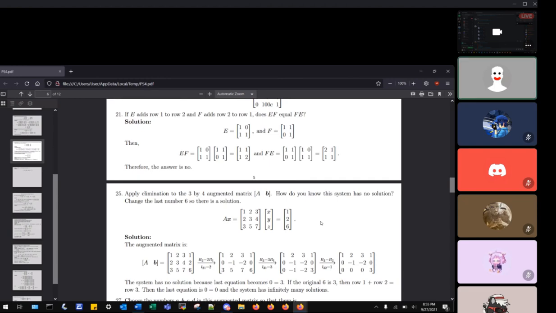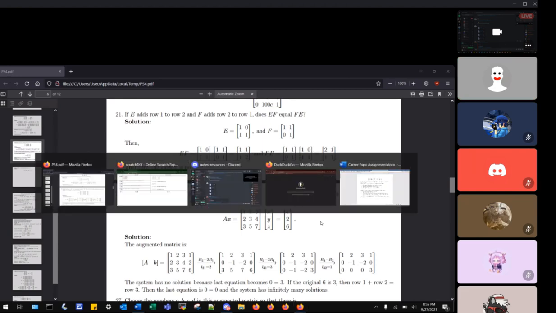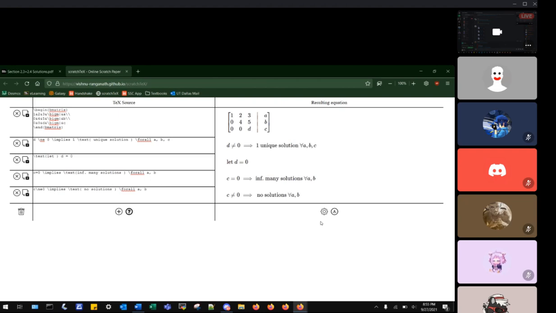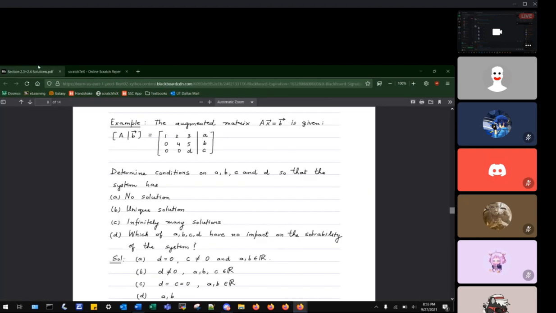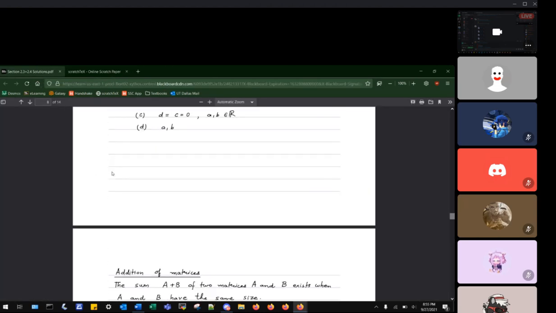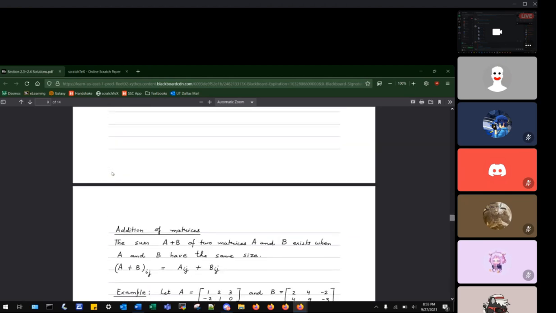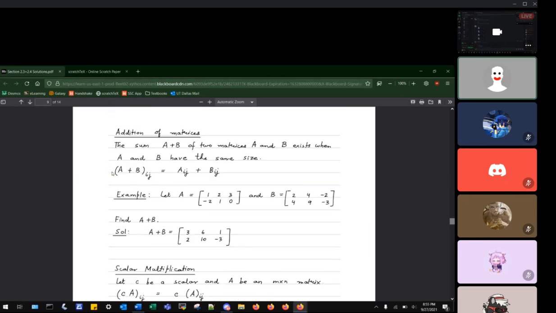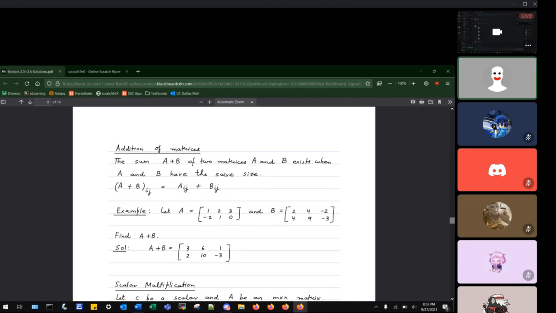Okay. Yeah, let's move on to section 2.4. This is just matrix addition. This is very simple. It's just like vector addition.